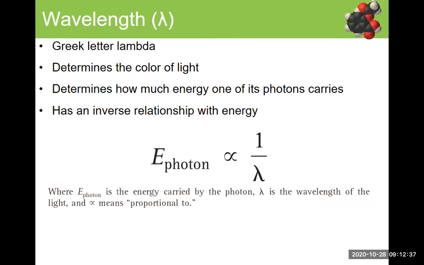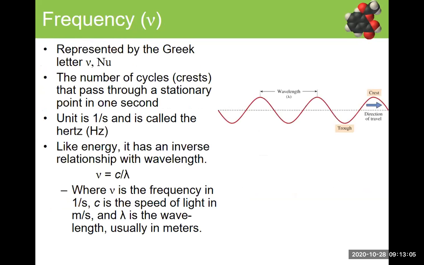So the bigger the wavelength, that would mean our denominator gets bigger. So then our energy would get smaller, right? And so remember that energy and wavelength have that inverse relationship. As energy gets bigger, wavelength gets smaller. As wavelength gets bigger, energy gets smaller. It's that inverse relationship.